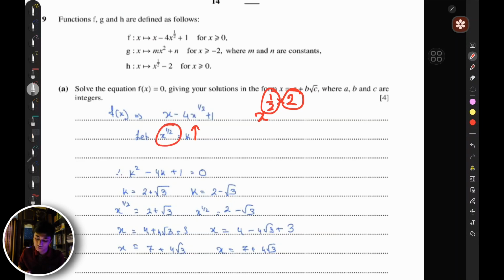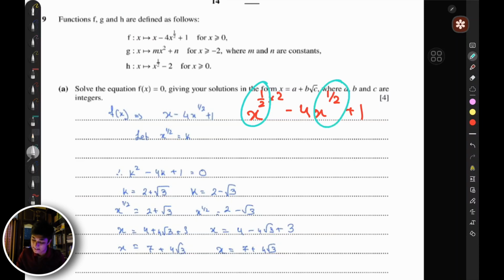And substitute x to the power half as k. In this case, what you're going to be having is x to the power half times 2 minus 4 x to the power half plus 1. So what you can do is just substitute this so that later on you can solve for x.